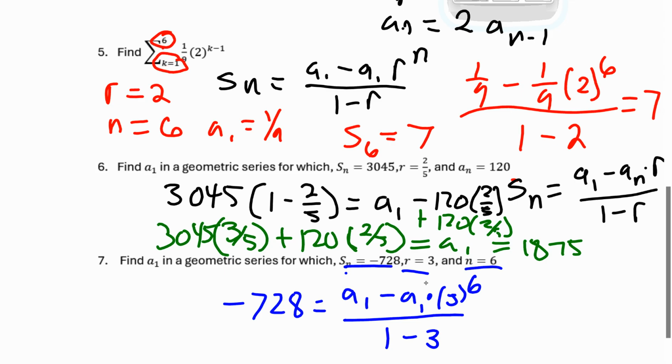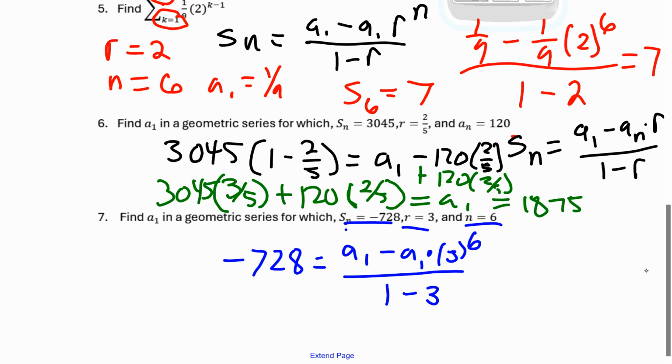Okay, so now if I simplify this, the bottom would be 1 minus 3, which is negative 2. So we're going to multiply both sides by negative 2. So negative 728 times negative 2, we get 1456. And then 3 to the 6th, which I can't remember off the top of my head, 729. 729 is going to be multiplied by A sub 1.